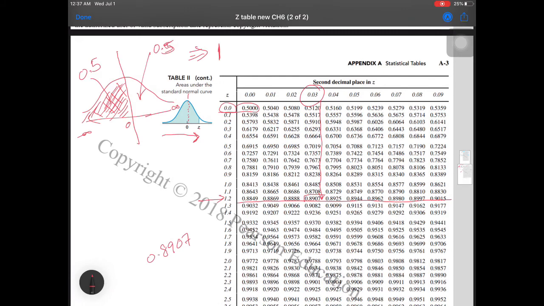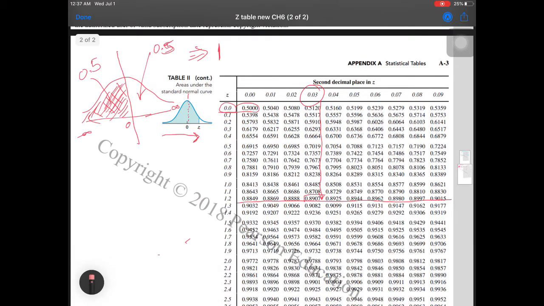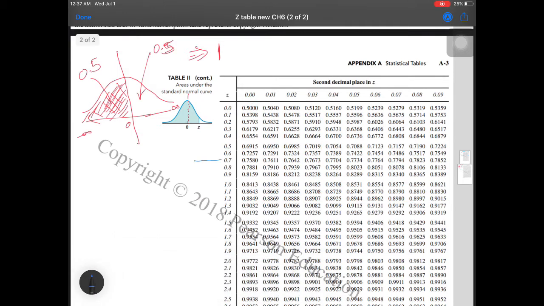0.76, 0.7 is here. Okay, 6, 0.76. So where is 6? Here, 6 is here. So when you come down, you can find the value of this one, 0.7764.